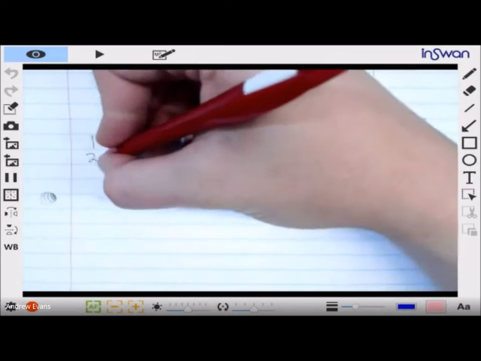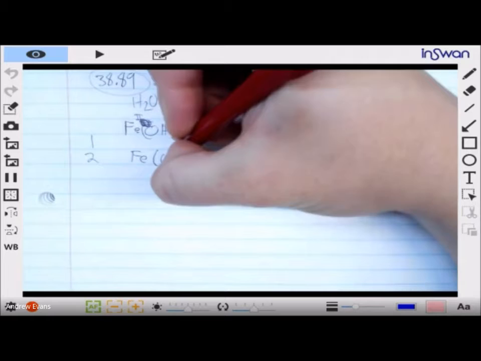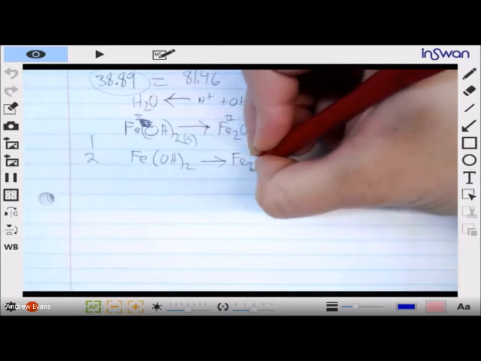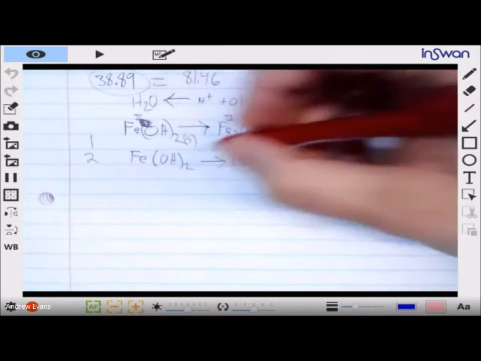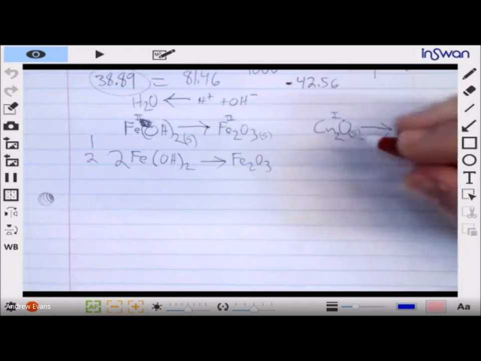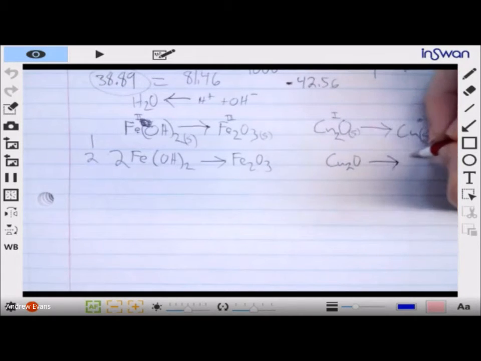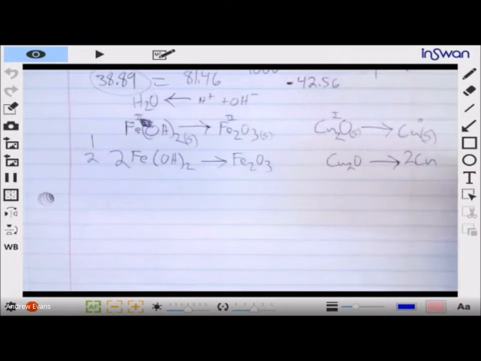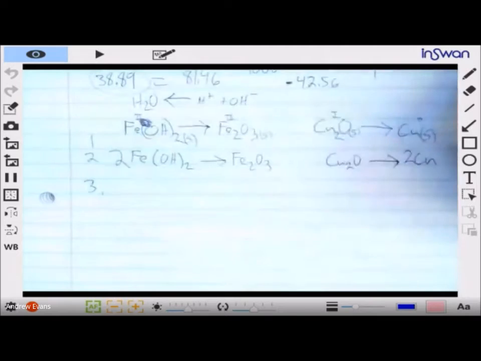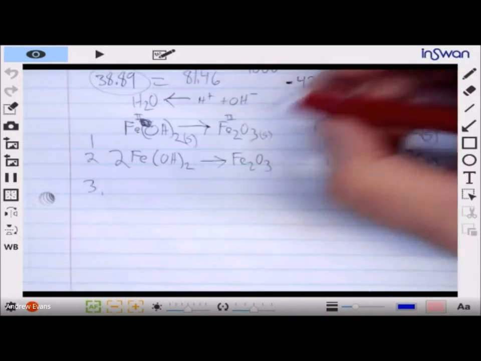Step 2, we balance our non-oxygen, non-hydrogen elements. So for us, that means doubling the iron on the left. For this guy, it means doubling the copper on the right. Step 3, we add waters to balance out the oxygens.